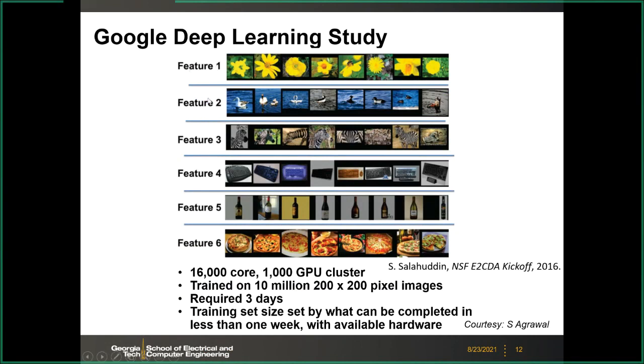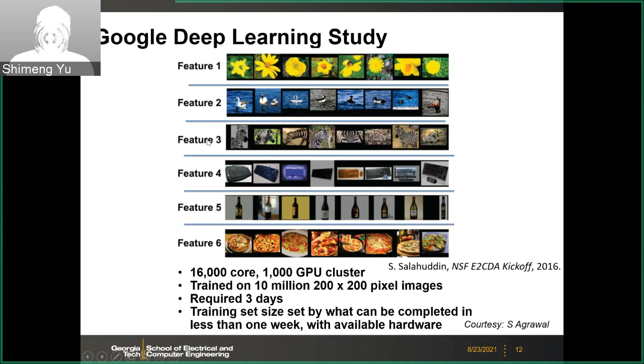So this is really demanding in terms of the computation and memory capacity of the system.